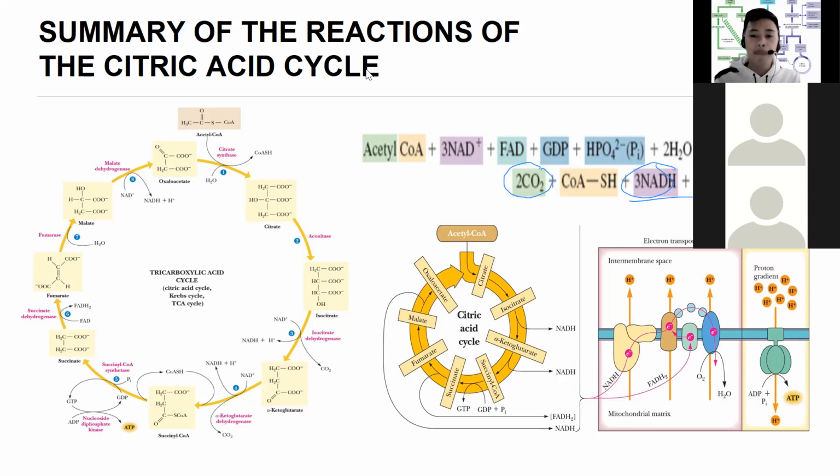So upon the production of the NADH and FADH2, what did NADH and FADH2 gain in the process? No? What did NADH and FADH2 gain in the process, class? They gained something during oxidation. Okay, they were able to gain hydrogen and electrons.